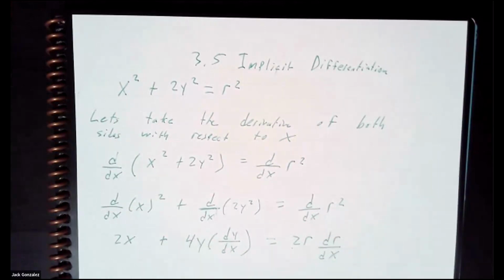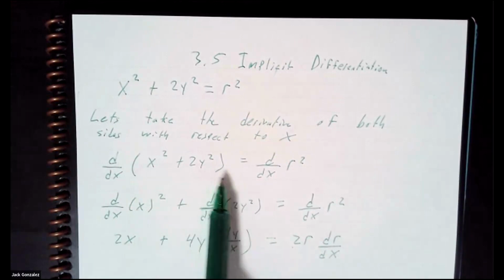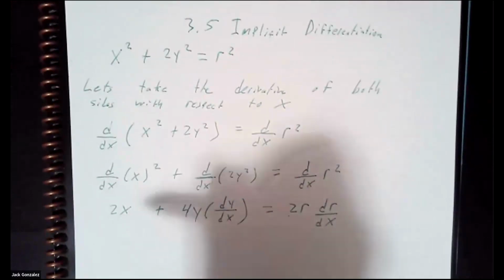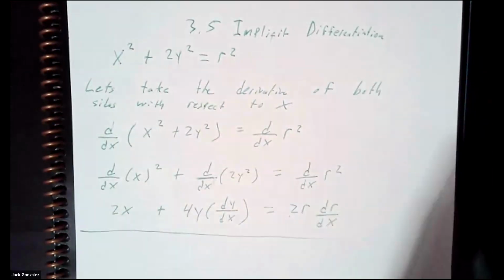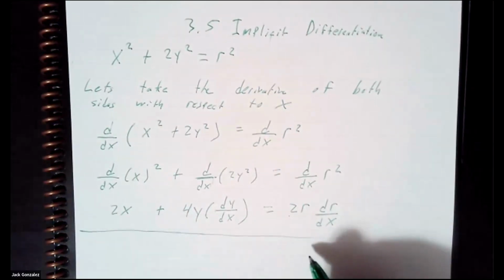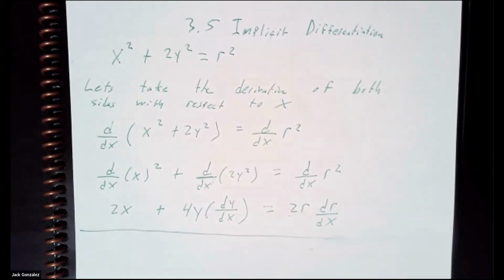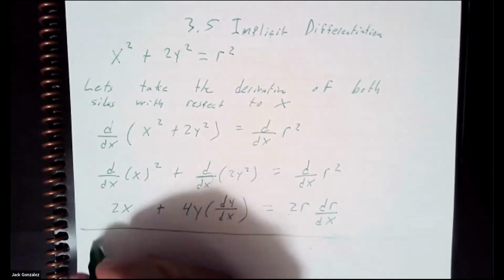So that's the rule. If you're choosing dx and only some of them match, then you'll have to tack on this implicit piece. Is there any questions about the main idea? Okay.